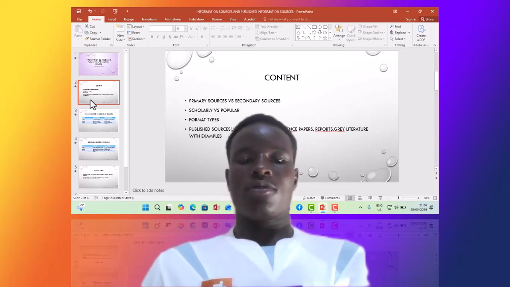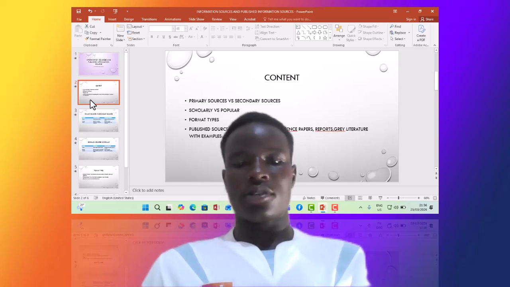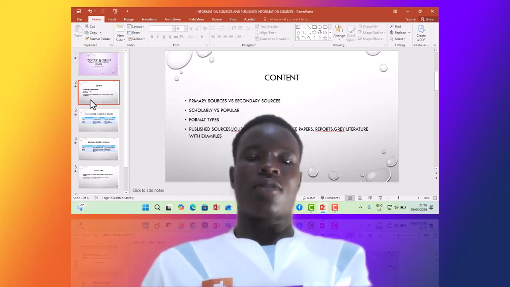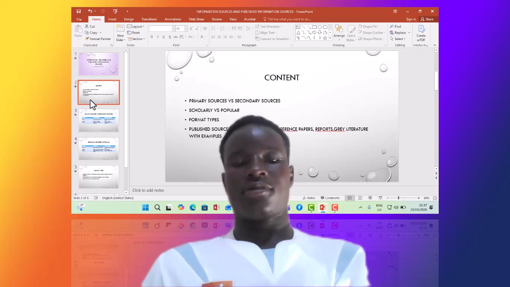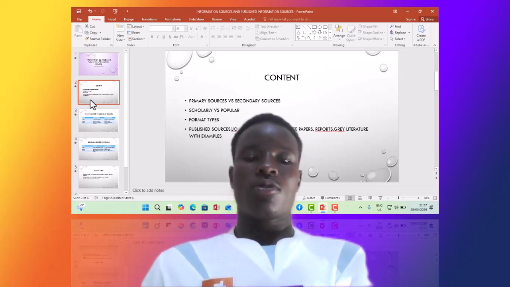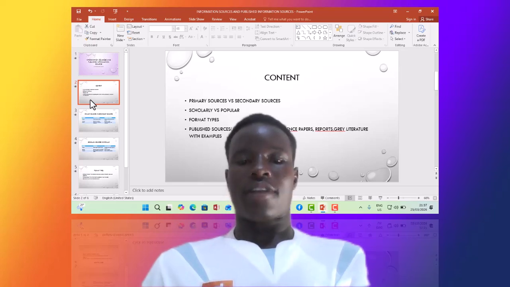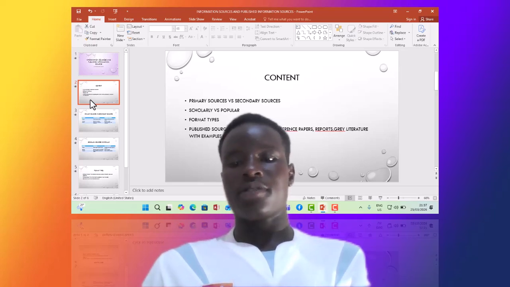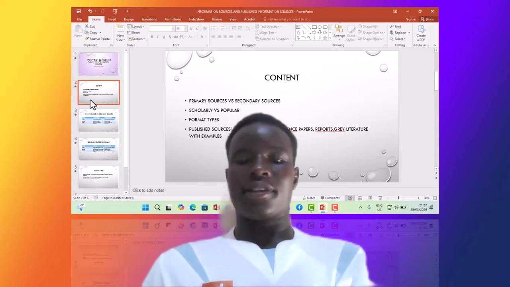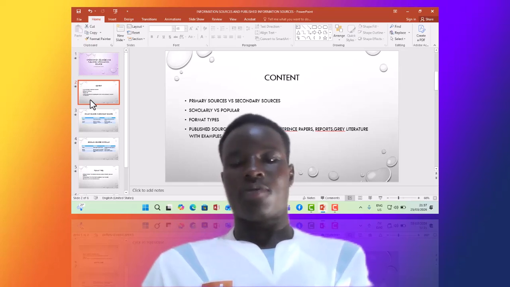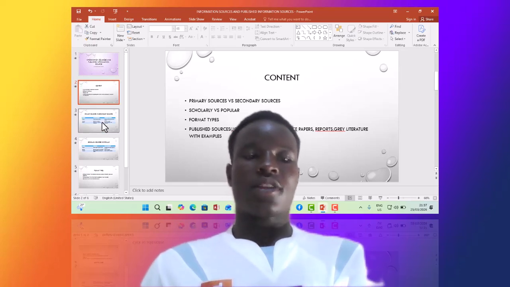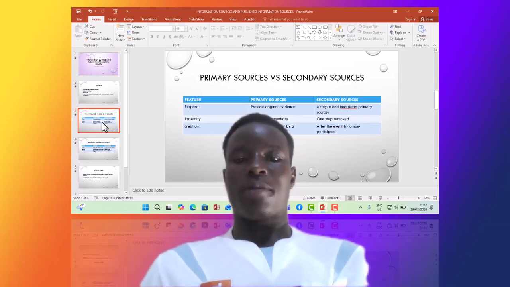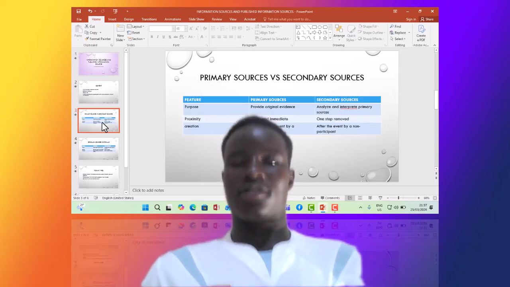We can also look at scholarly versus popular information sources. We can also look at the format types of information sources, and also look at the published sources, take for example journals, books, conference papers, reports, grey literature, with the examples. So straight away, let me take you through primary sources versus secondary sources.